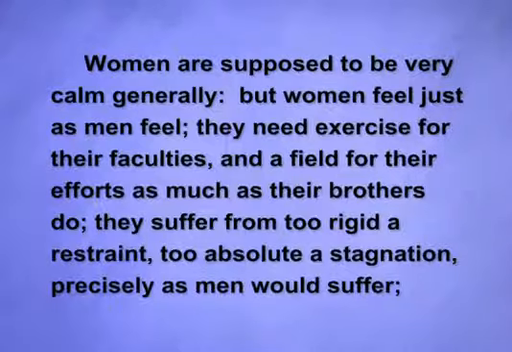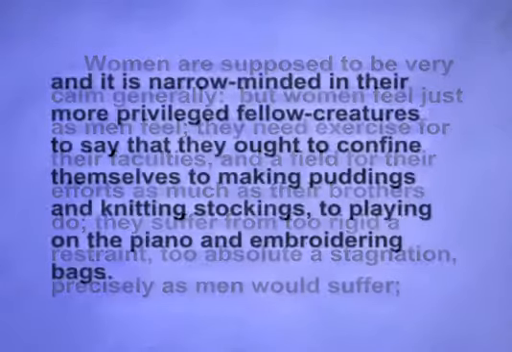They suffer from too rigid a restraint, too absolute a stagnation, precisely as men would suffer. And it is narrow-minded in their more privileged fellow creatures to say that they ought to confine themselves to making puddings and knitting stockings, to playing on the piano and embroidering bags.